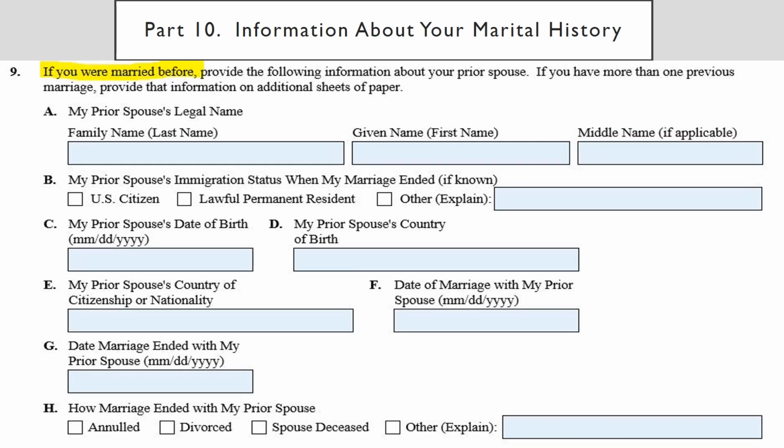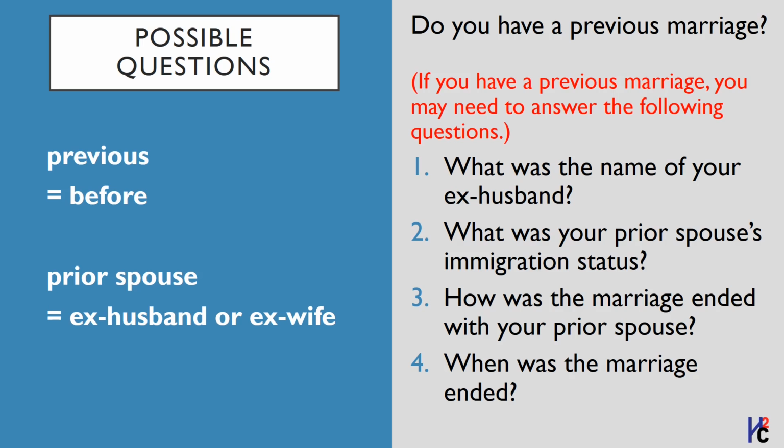If you were married before, provide the following information about your prior spouse. Previous, before.